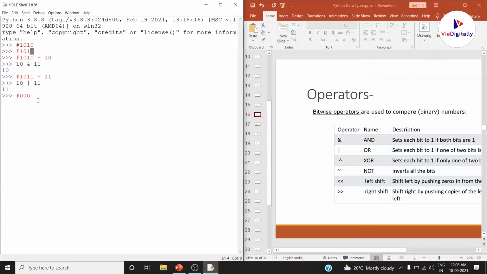Here 0 and 1, only one input is 1, so now we get output 1. What is its corresponding value in decimal numbers? That is 1. Let us check, 10 exclusive OR with 11. What is its value? It is nothing but 1. So this is how the basic bitwise operators work, and we are remaining with the bitwise NOT operation.